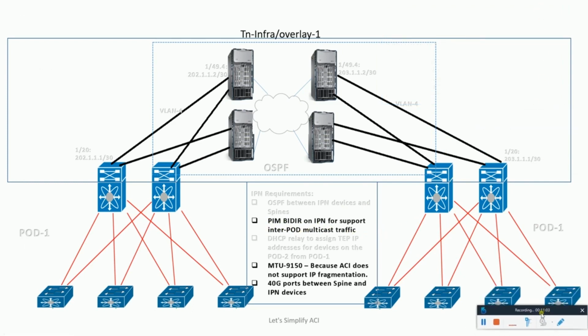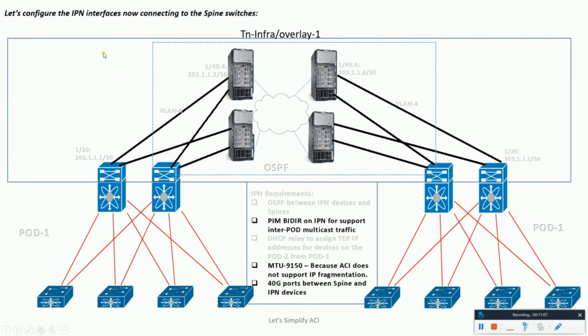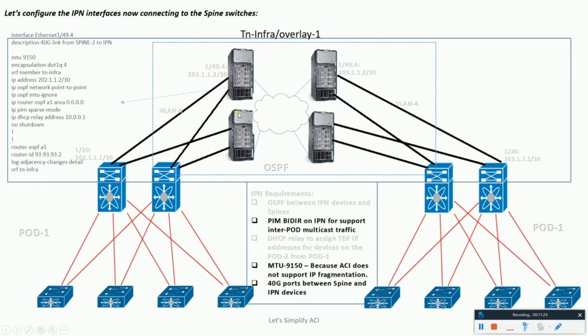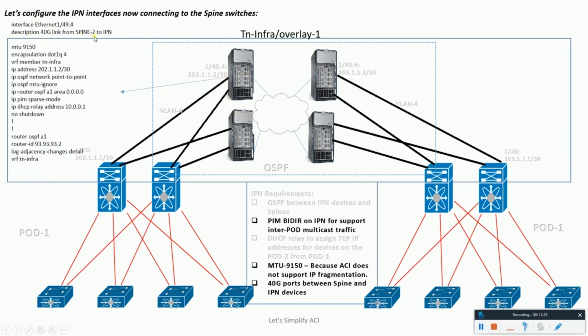Going further, now let's configure the IPN interfaces which are connecting to the spine devices. Let's see the configuration of these subinterfaces on the Nexus side, or rather the IPN devices. It's a pretty simple configuration.